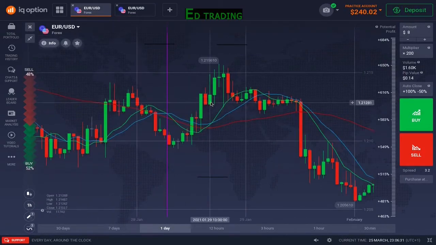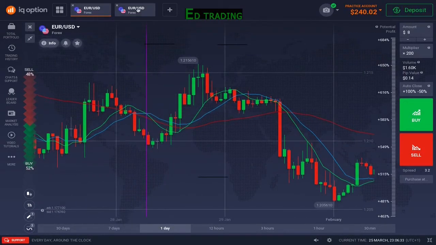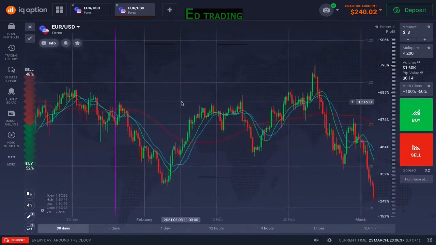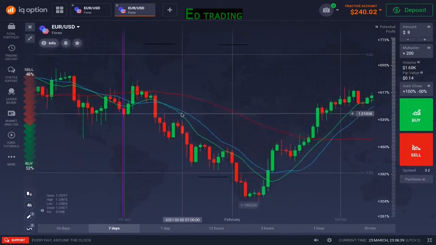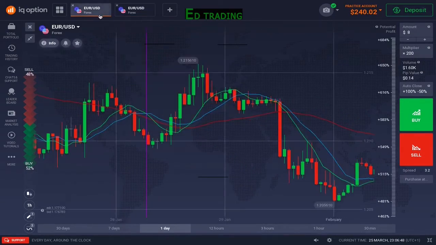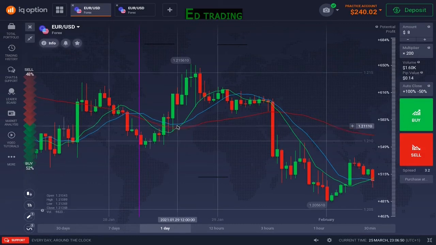So this is it. So at the 4 hours chart, you see the blue and the green successfully cross the red moving average. Then you go to the 1 hour chart, it has not crossed yet.